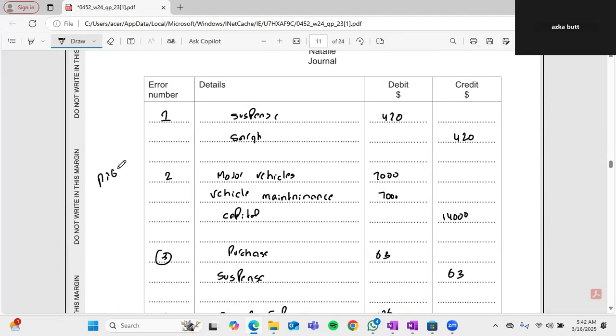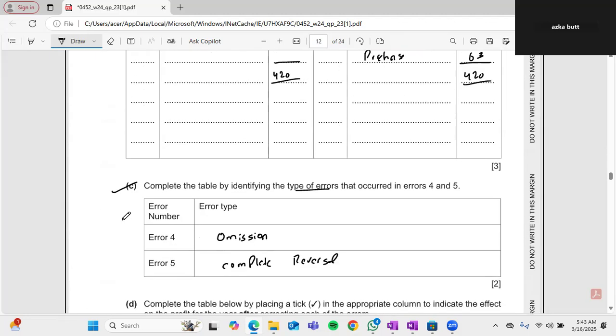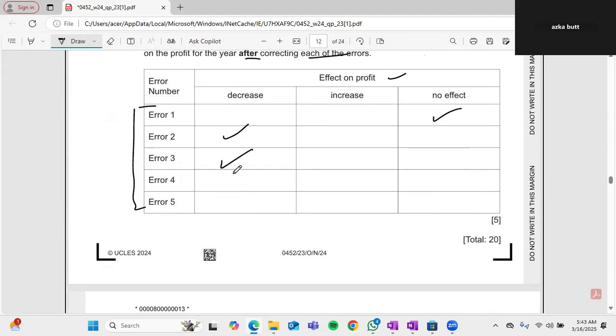If purchase increases by 63, cost of sale also increases by 63. It means GP will decrease by 63, and your profit will also decrease by 63. So it will decrease the profit.